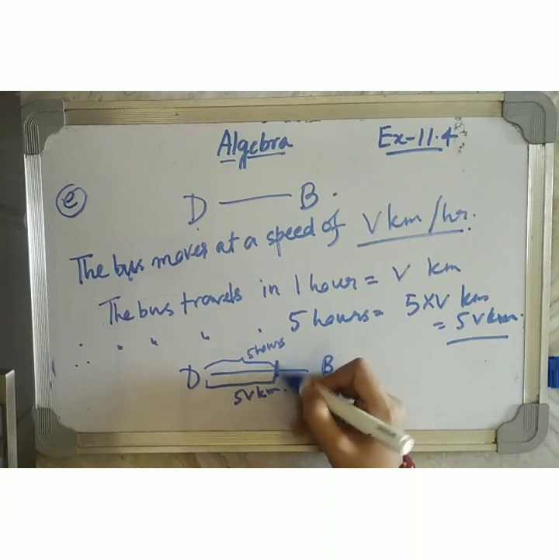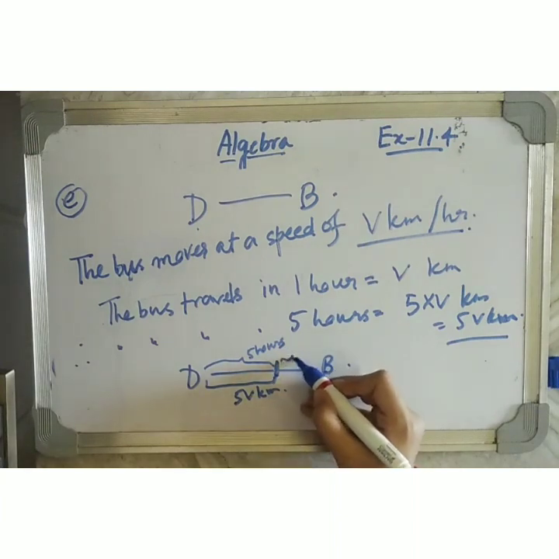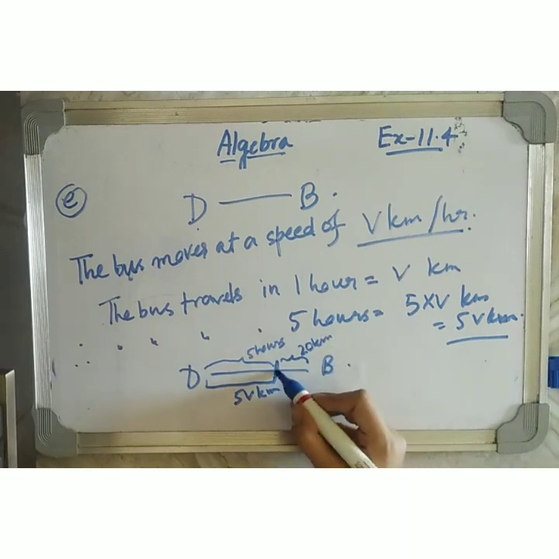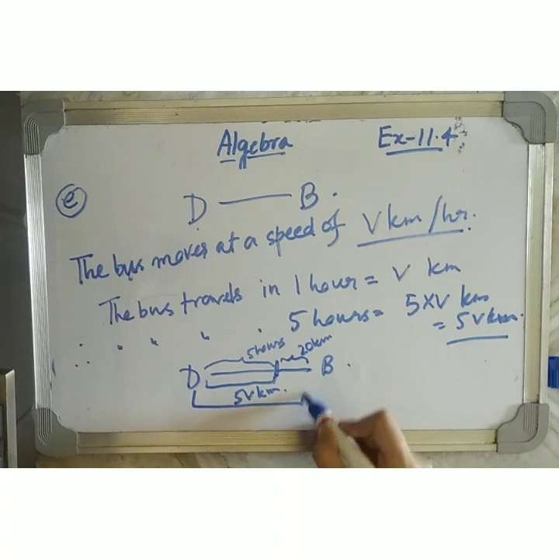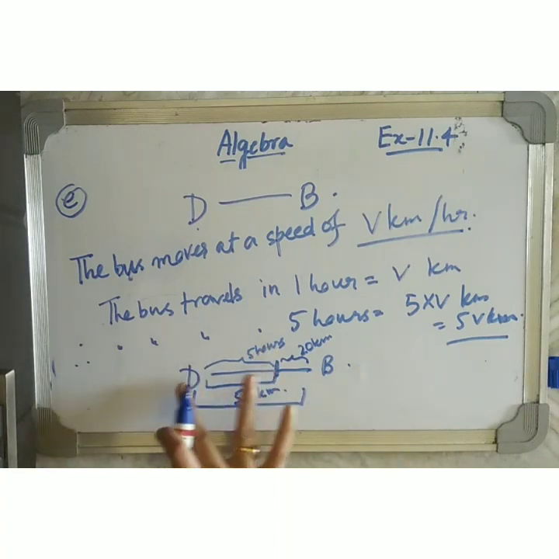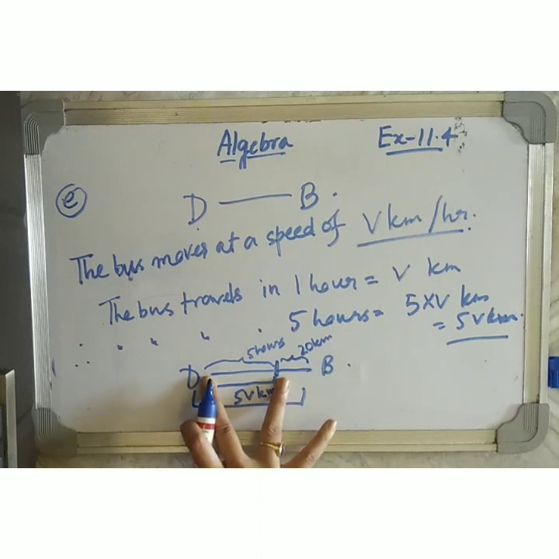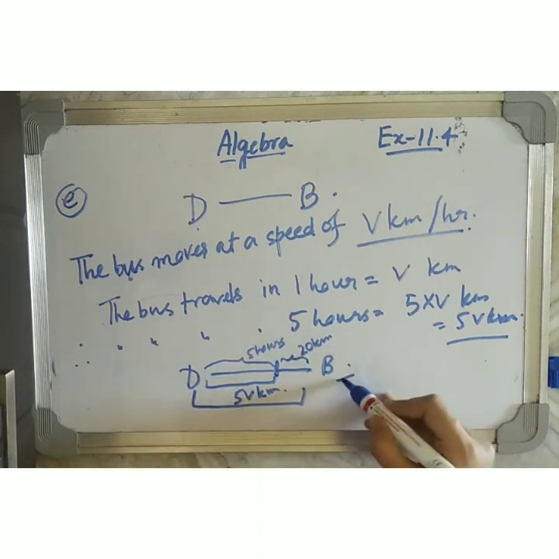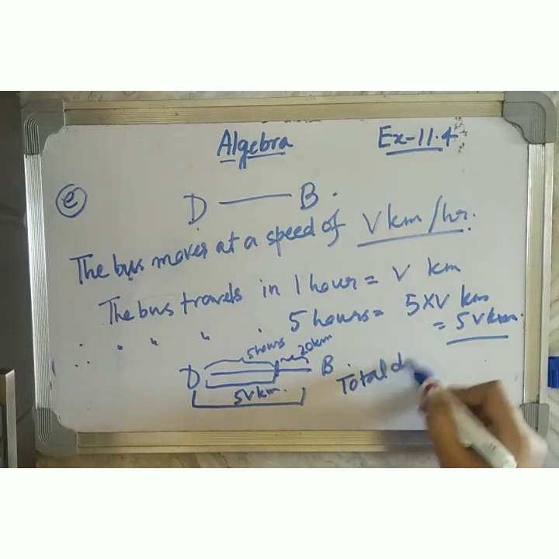So it has reached here because still 20 kilometers are left. I am just assuming that this much distance is 20 kilometers. So what will be the total distance? Very easy.